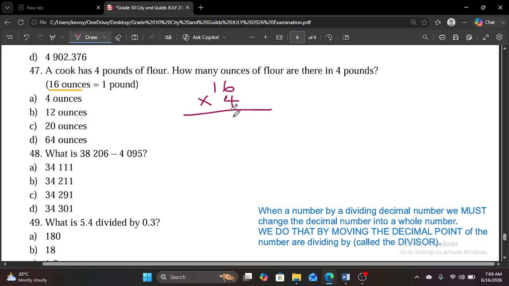So 4 times 6 is 24. 4 times 1 is 4 plus 2, that's going to be 6. So that's 64 ounces.